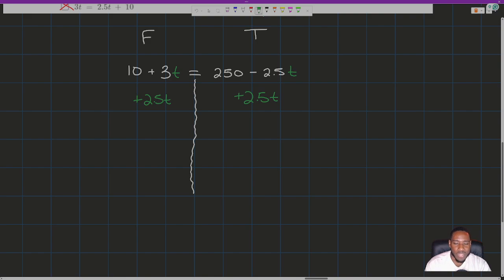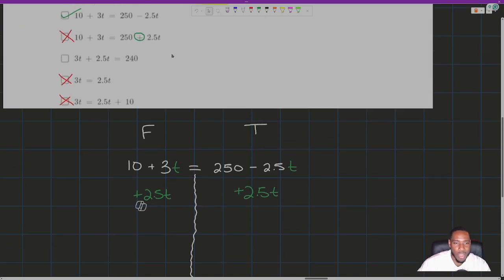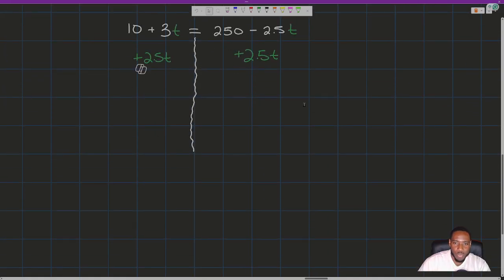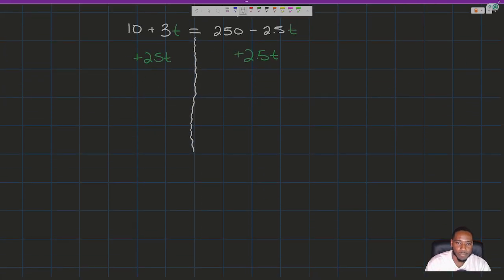Now we could combine these like terms, but because they left the terms uncombined in the answer choice, we'll do the same. So 10 plus 3t plus 2.5t is equal to 250. Now we can get rid of that 10 that's there.